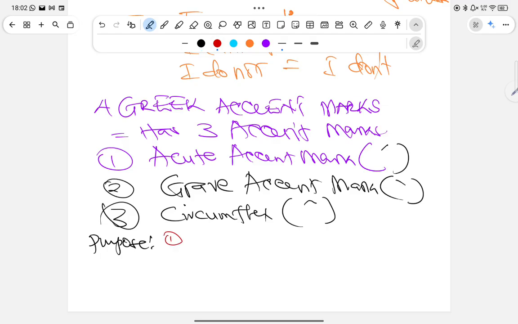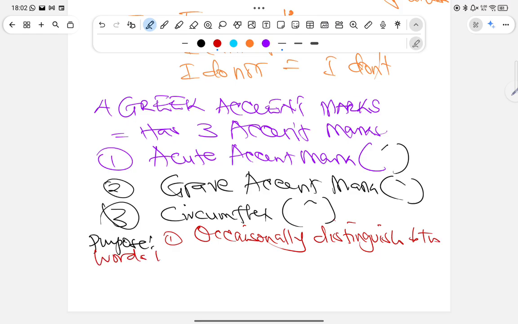Number one, it occasionally, and this is important, it occasionally distinguishes between words that are otherwise identical.